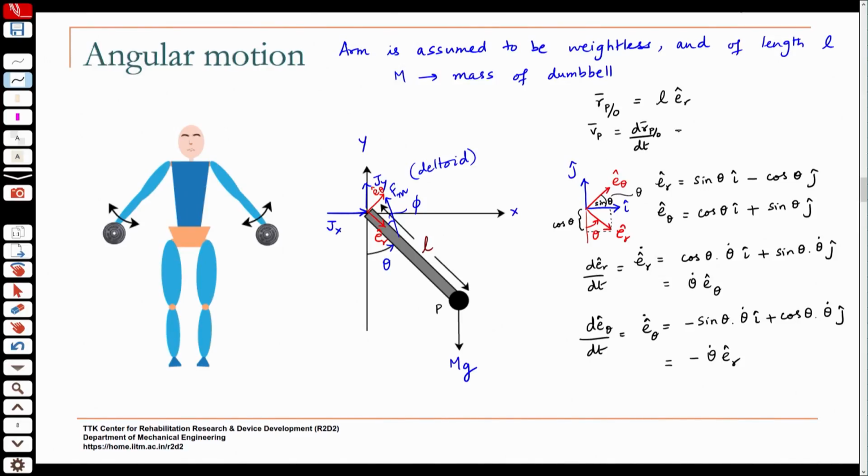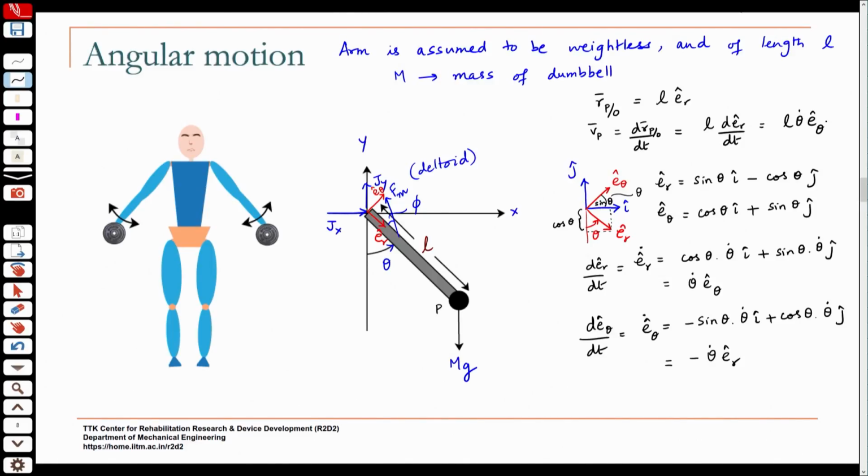So, if I differentiate this, L does not change, the mass is located at that point. So, L remains L and I get dER by dt, which I know is theta dot E theta. So, L theta dot E theta.